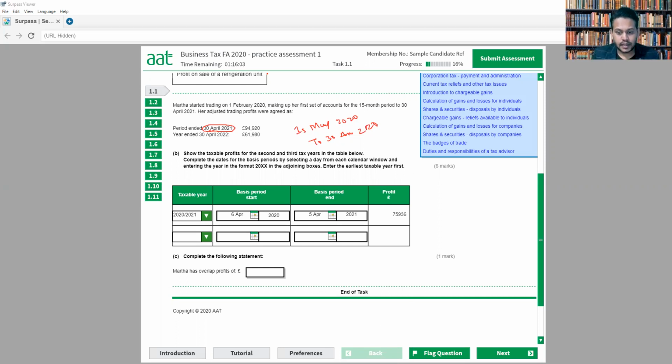So what we understand from here, for the first one, we took the second fiscal year, that is from here you can see 2021, and we took 6th to 5th April. Because the first fiscal year finished on 5th April 2020. So from 6th April, the next day, for 2021, so 6th April to 5th April 2021.